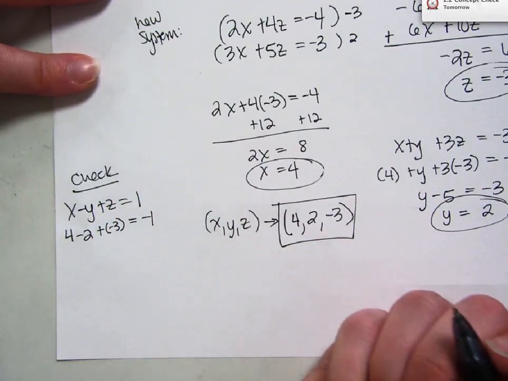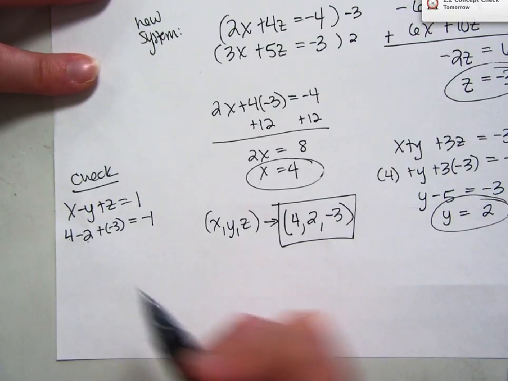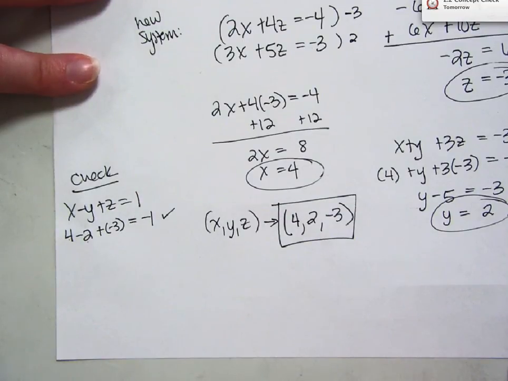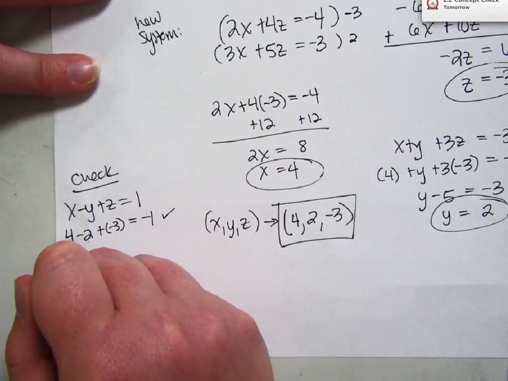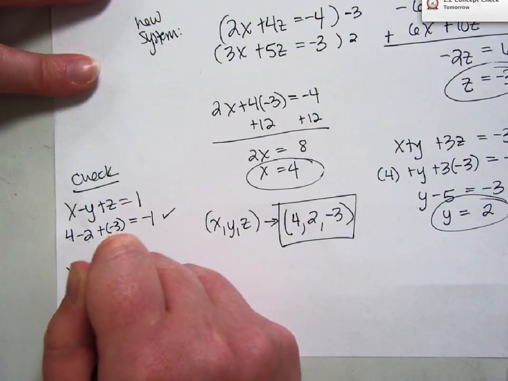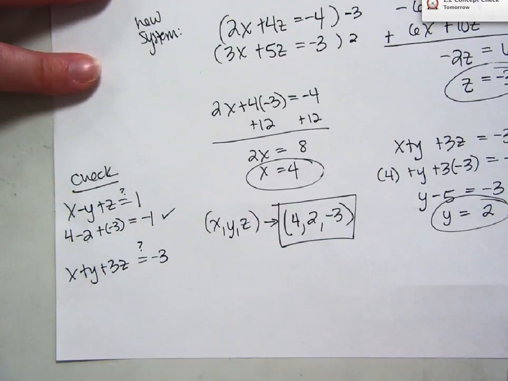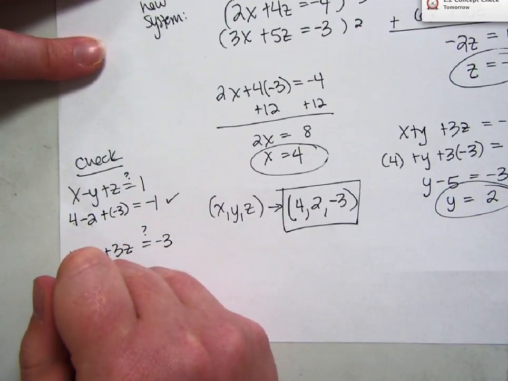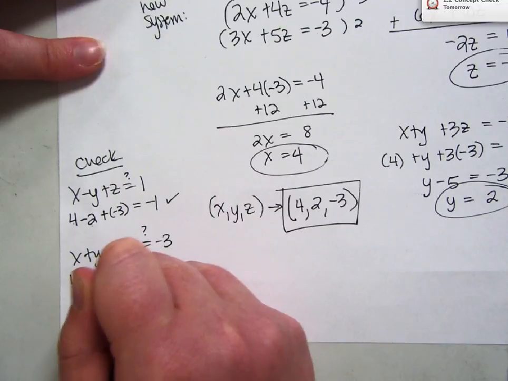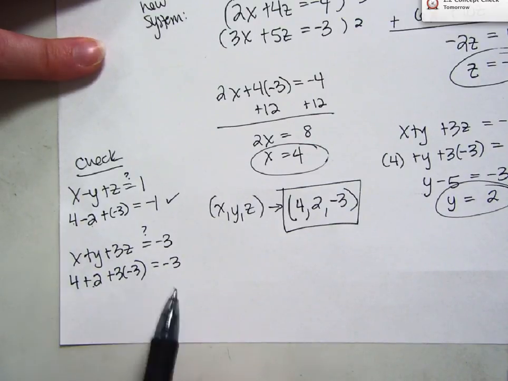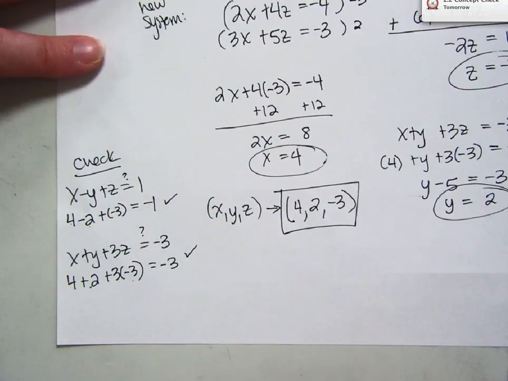Does that equal -1? 4 minus 2 is 2, minus 3 is -1. Yes, so it's a solution to the first equation. The next one, x plus y plus 3z, does that equal -3? So 4 plus 2 plus 3 times -3. We get 6 and then -9. 6 plus -9 is -3.